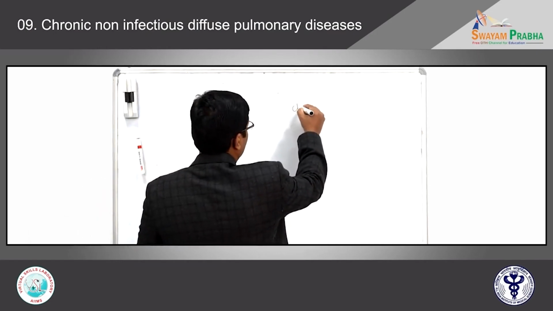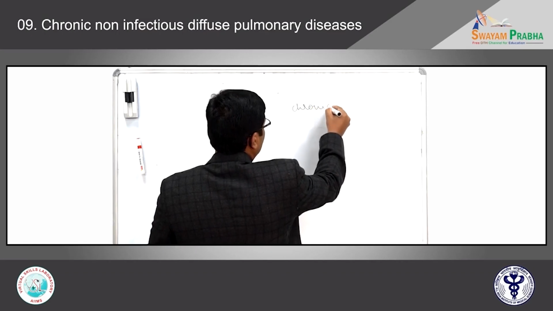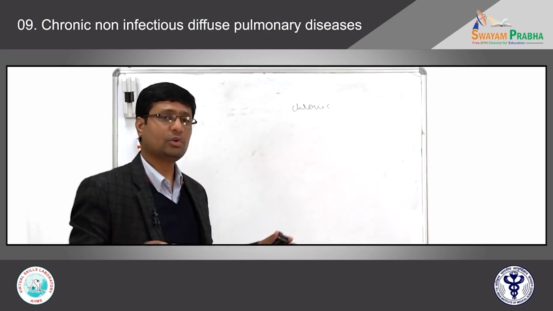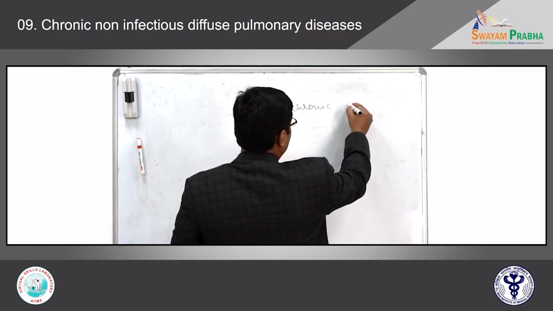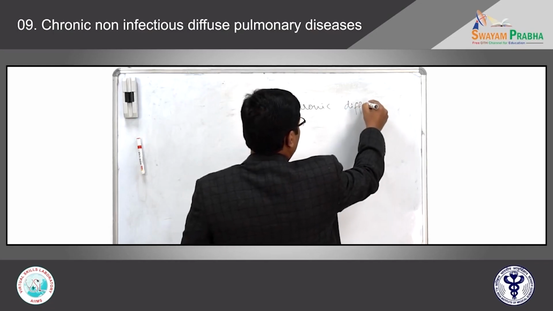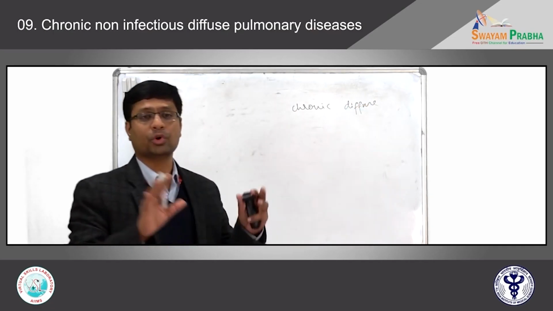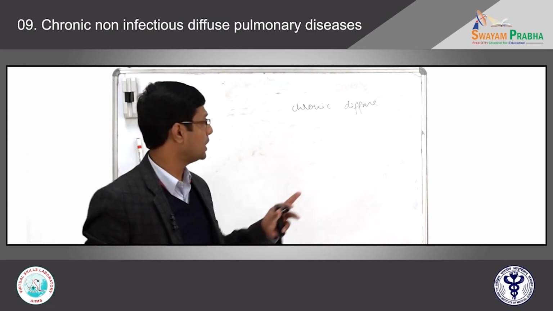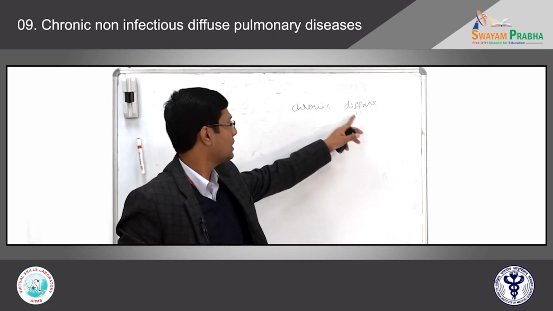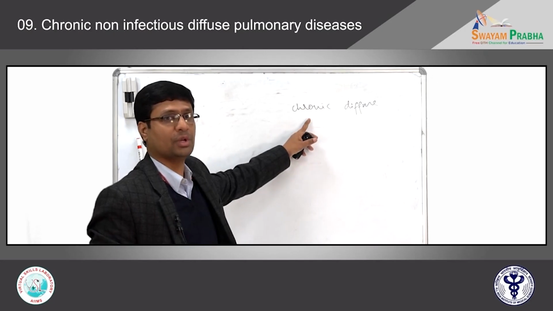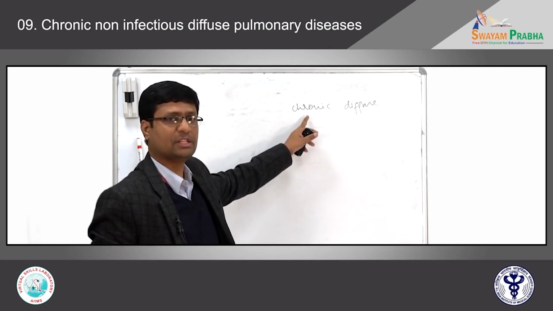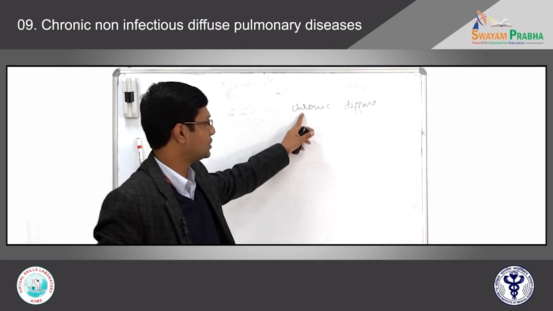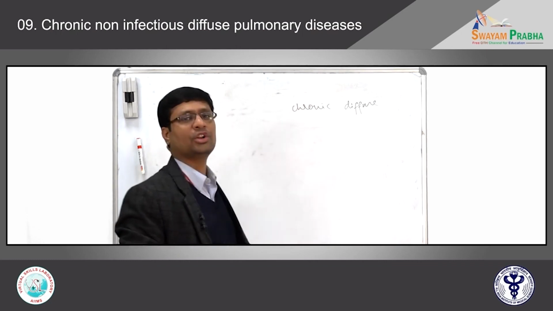So this is chronic. These conditions have a long duration and they are diffuse in nature. That means they involve both the lungs, all the lobes and both the lungs. That's why they call it diffuse. They are not acute. They're usually chronic, with signs and symptoms of longer duration, diffuse, and non-infectious.